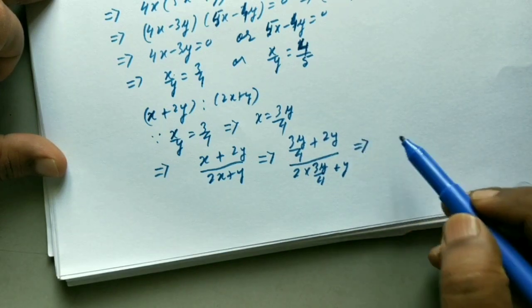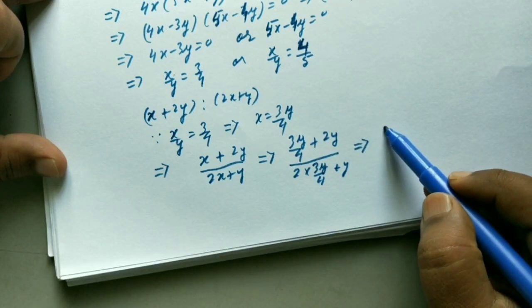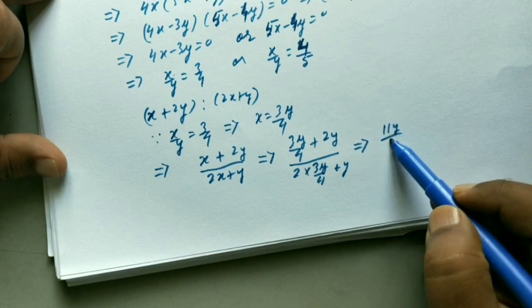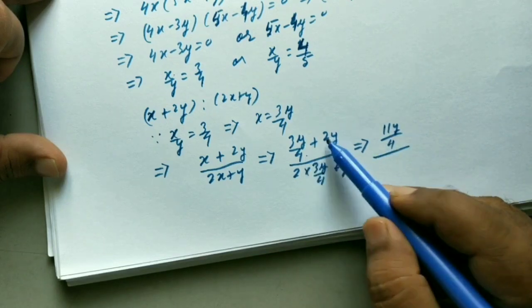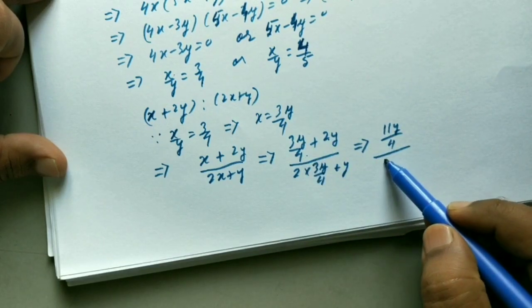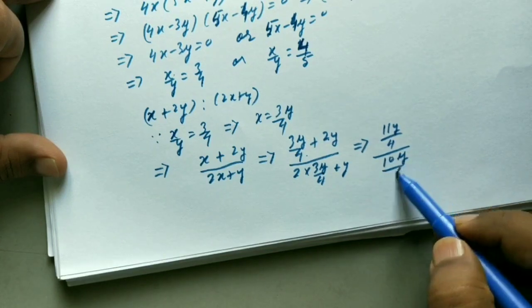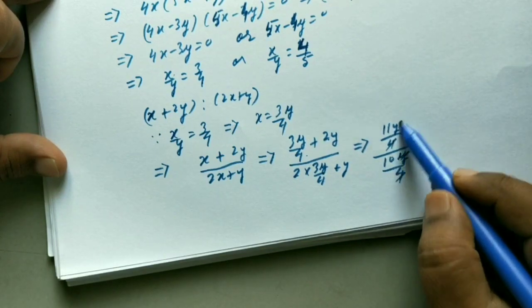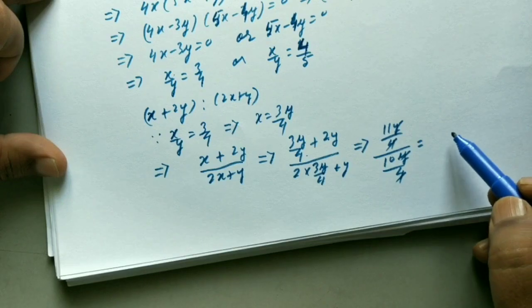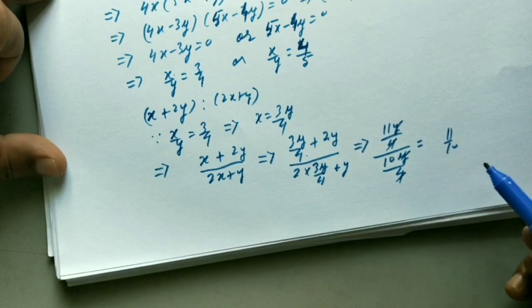I'll simplify it and then I get 11y by 4, 4 twos are 8, 8 plus 3, 11, and 10y by 4. All this gets cancelled and one of the values is 11 by 10.